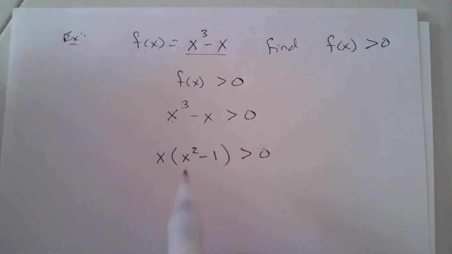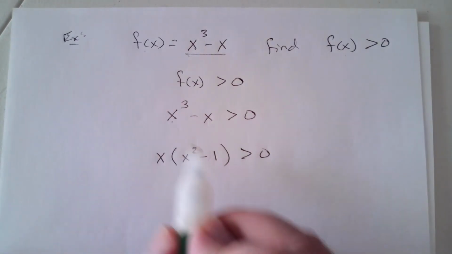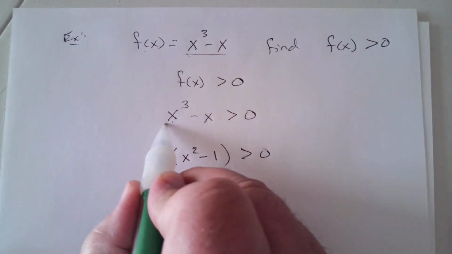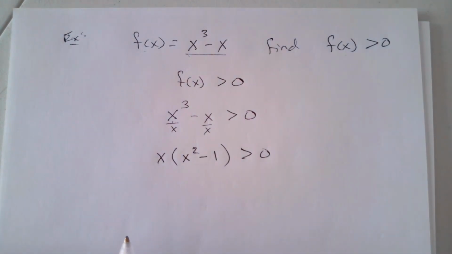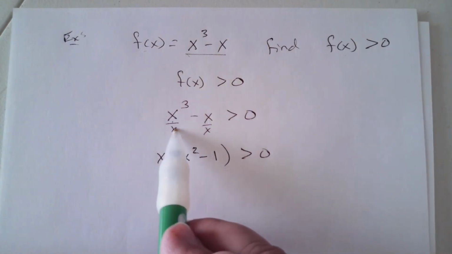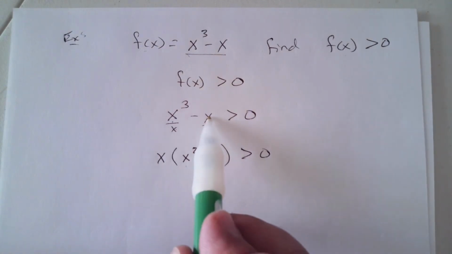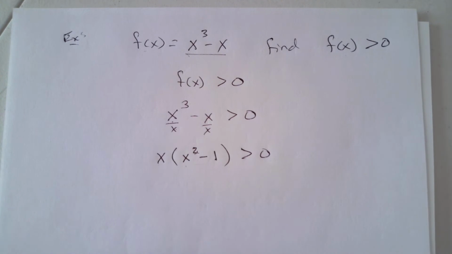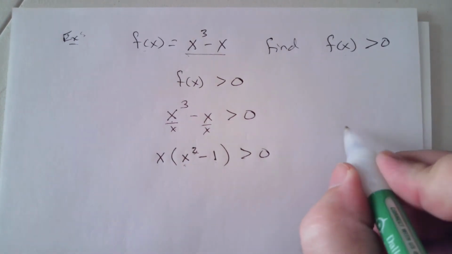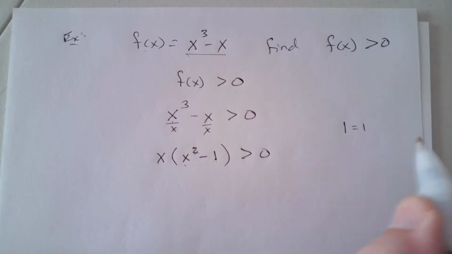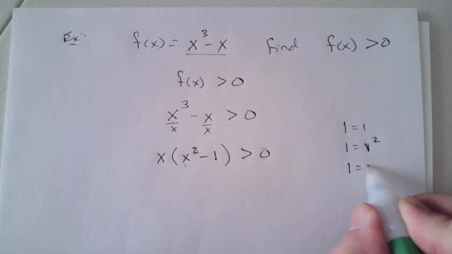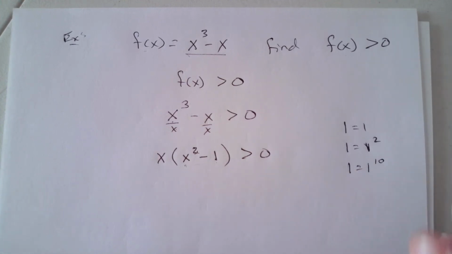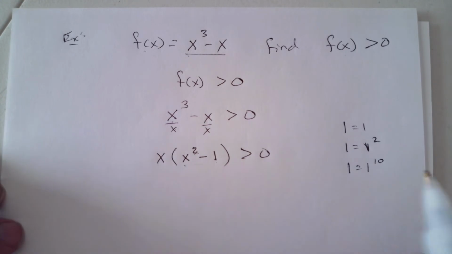Now, remember some time ago I told you, whenever you factor something out, to figure out what goes inside the parentheses, divide your original expression. x cubed divided by x is x squared. x over x is 1. x squared minus 1. 1 equals 1 squared. 1 equals 1 to the 10th. So 1 is 1 to any power.